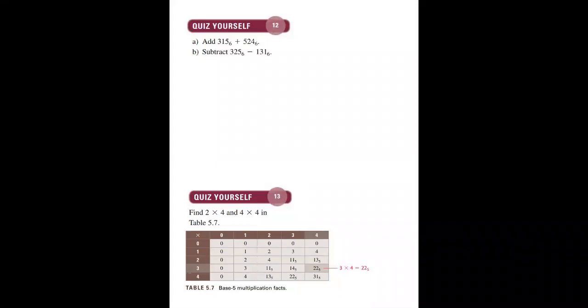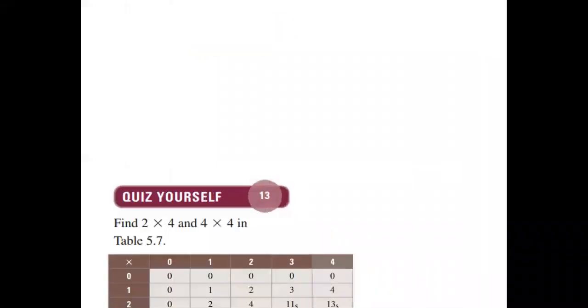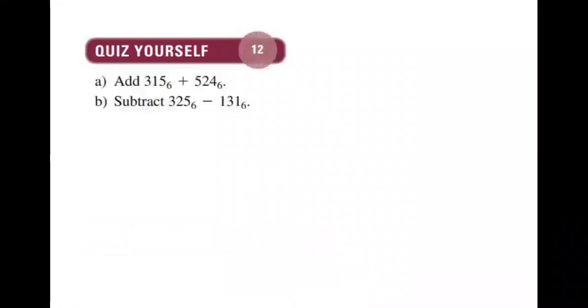All right, let's take a look at Quiz Yourself number 12, where we're asked to add in base 6 and subtract in base 6. If we stack in the general algorithm for base 10, then we can take advantage of what we know about base 10.